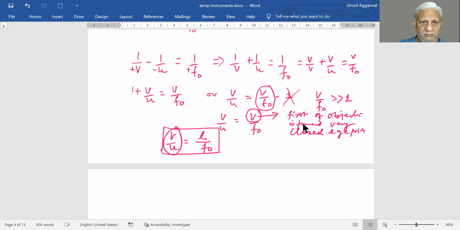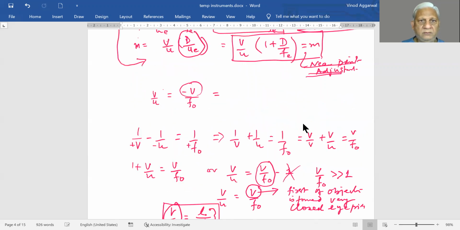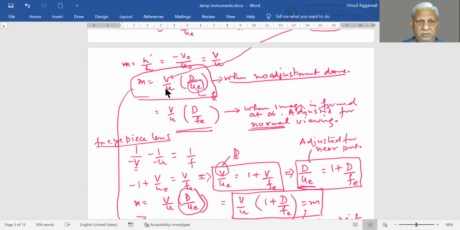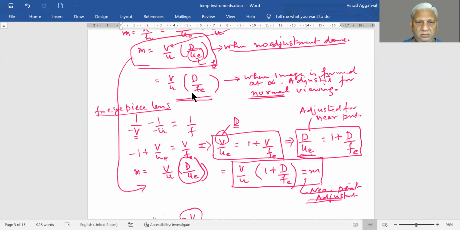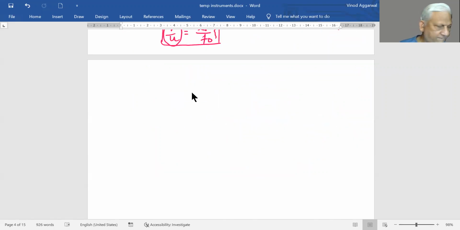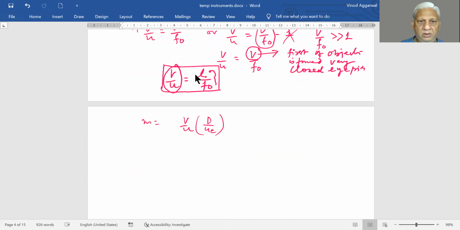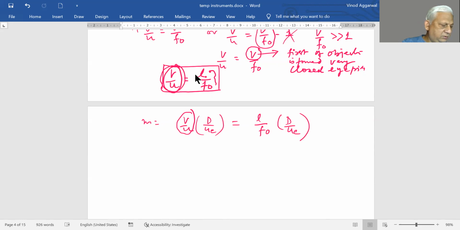So wherever we have V by U, we can replace it with this. If we go back to our previous equations, when there is no adjustment done, magnification is V by U into D by UE, and we can now replace V by U here.